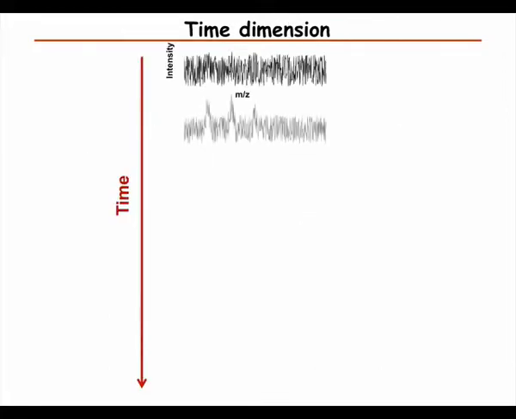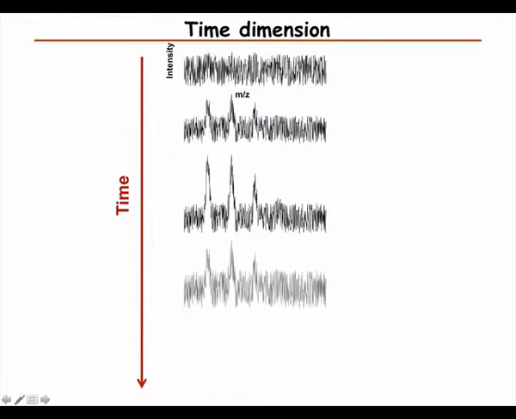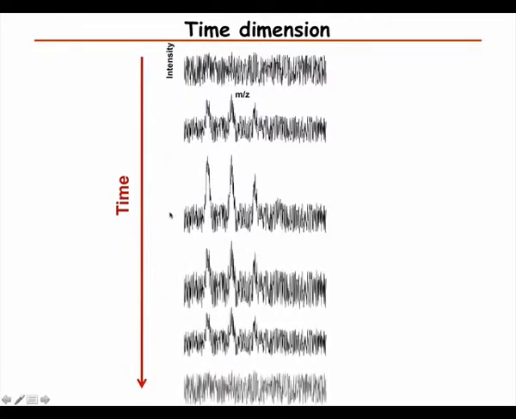Then we have the time dimension that we should also use. If we look at one mass spectrum, we see these peaks, but it should also be continuous in the time dimension: first there is no peak, then the different peaks in the isotope distribution should appear at the same time, increase, and then disappear together.